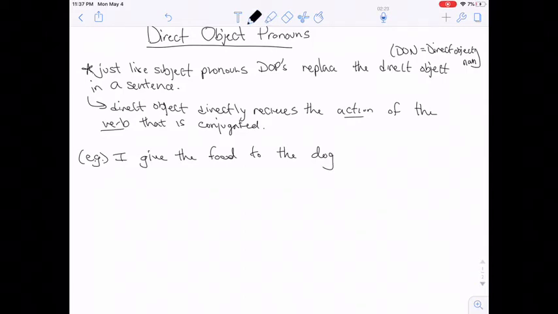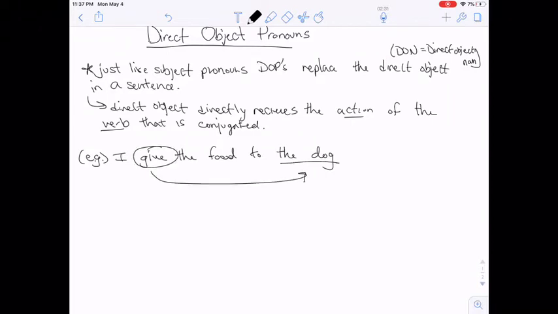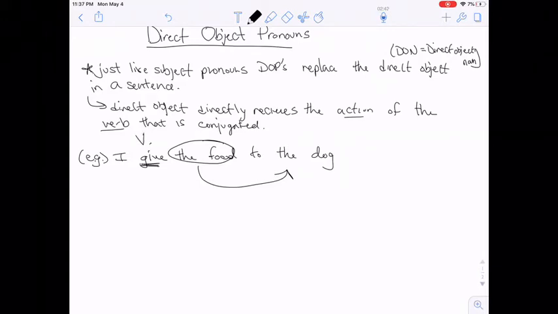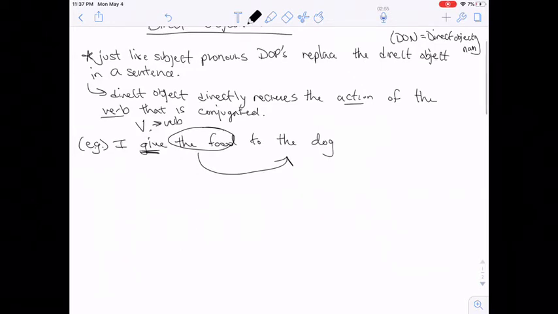So I could say a sentence like, I give the food to the dog. So, in this case, the direct object of the sentence isn't the dog, because the dog isn't receiving the action of giving.